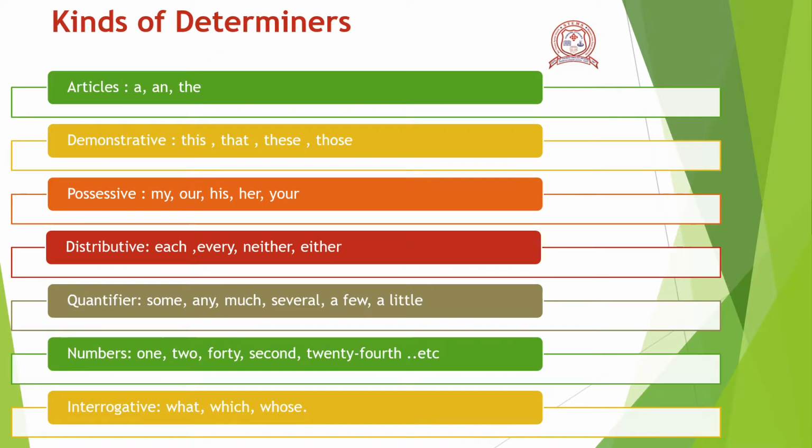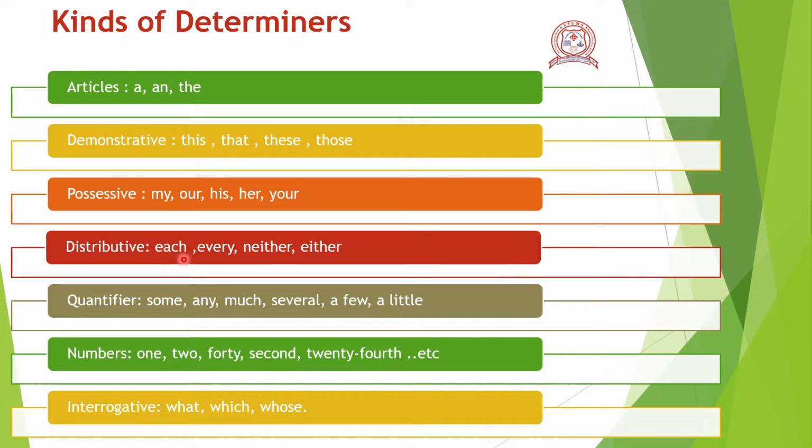Now let us move to the different kinds of determiners. The first one, articles: a and the. Second, demonstratives: this, that, these, those. Third, possessives: my, our, his, her, your.